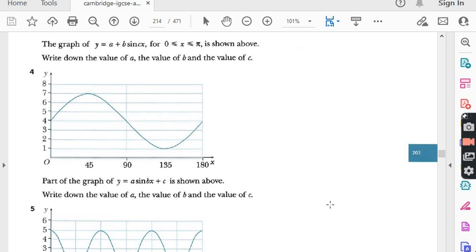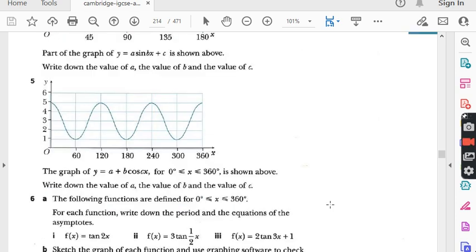Question number 5 is also related to the trigonometric function cos x, and we have to find the values of a, b and c, and we have successfully done question number 5. So from question number 1 to question number 5 only two trigonometric functions were discussed, sin x and cos x, with different periods, different amplitudes and different changes in the y axis, or you can say y shift.